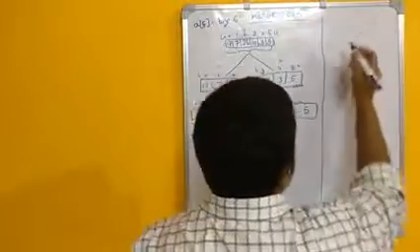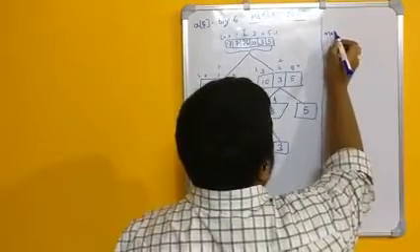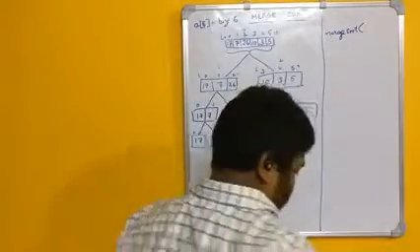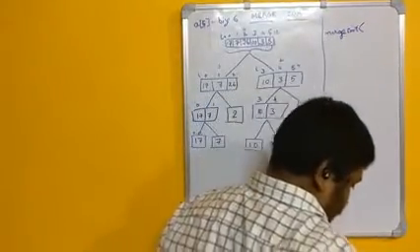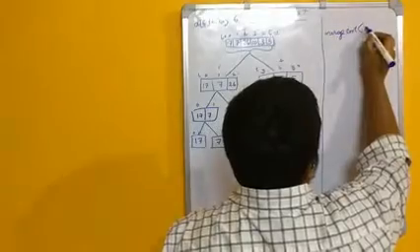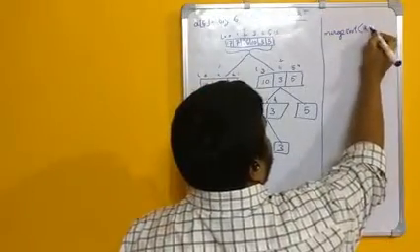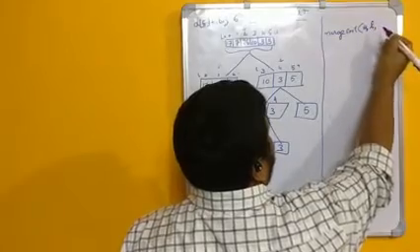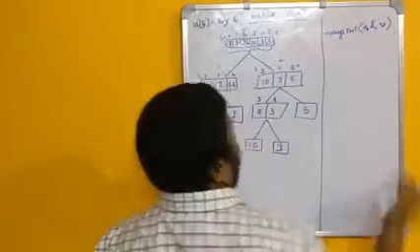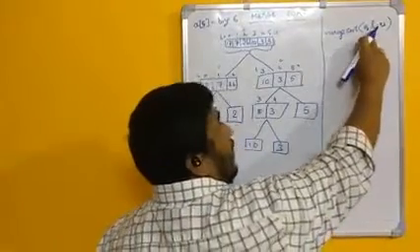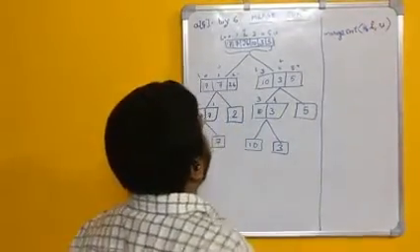Merge sort. A is our array, L is our lower bound, and U is our upper bound.